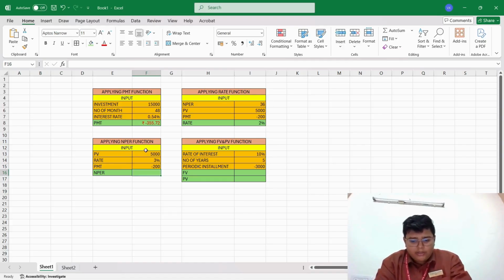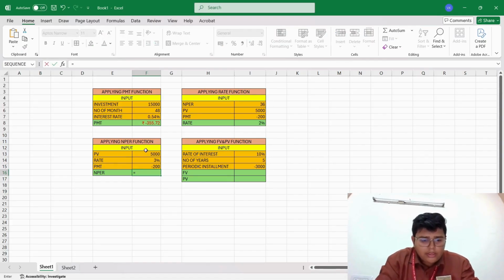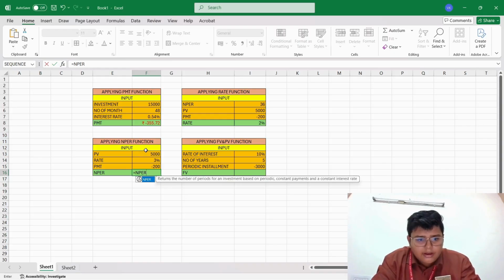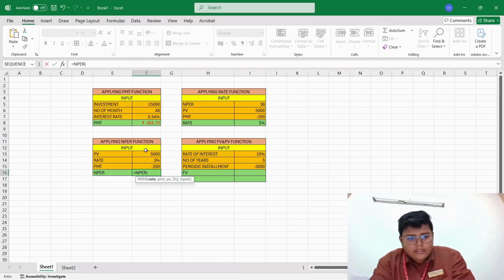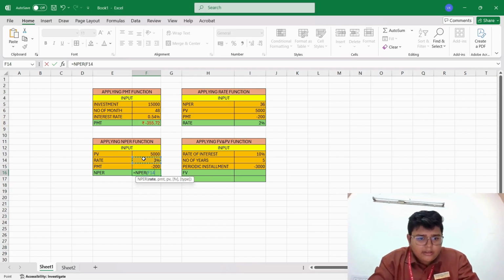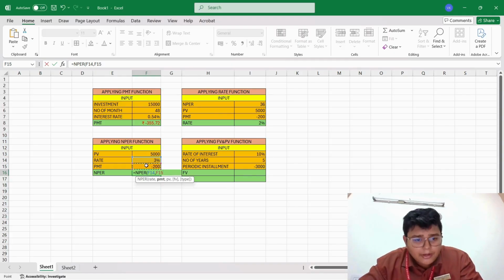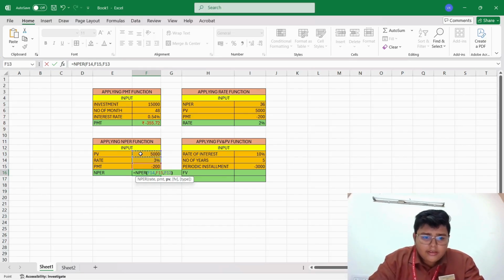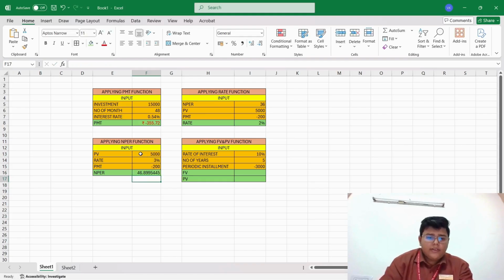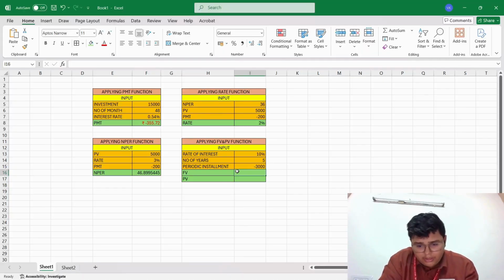We give equal to, then type NPER. First we want the rate, so we select this cell, comma, then PMT, and then PV. Then we close it and press enter.